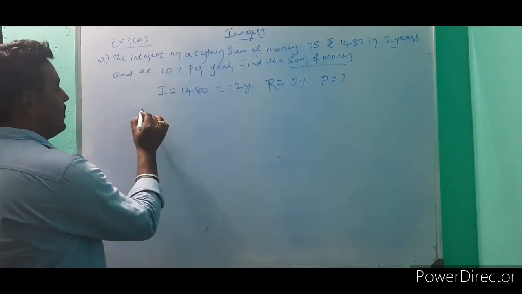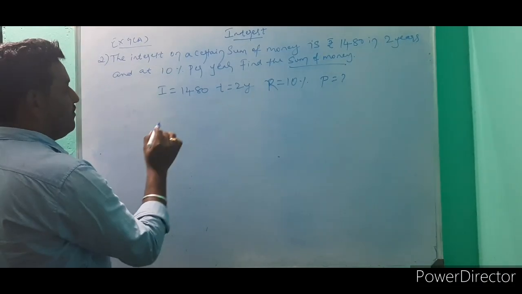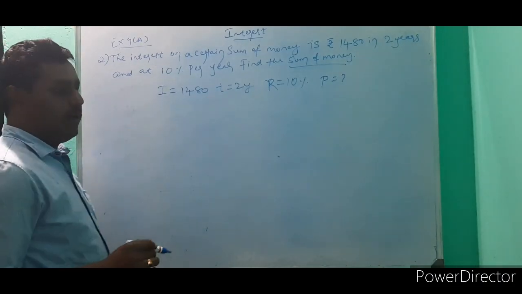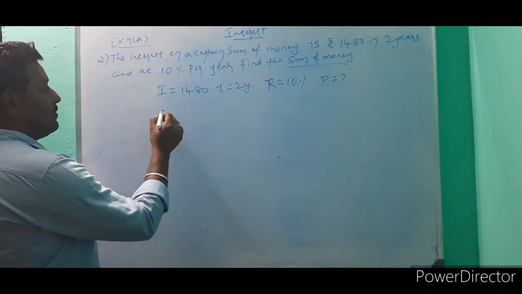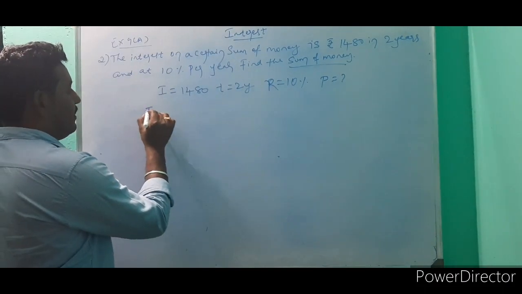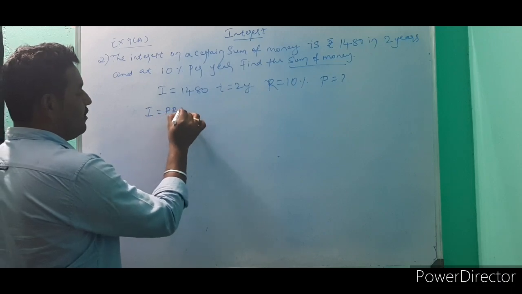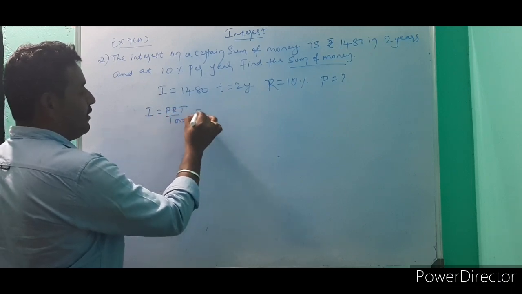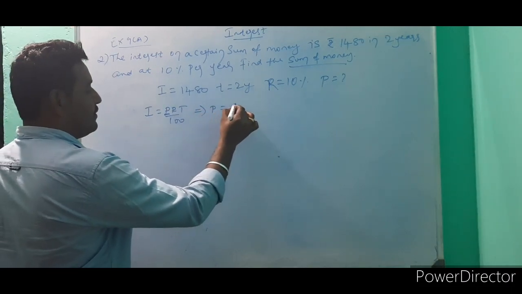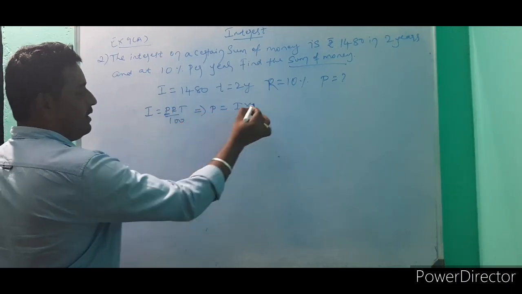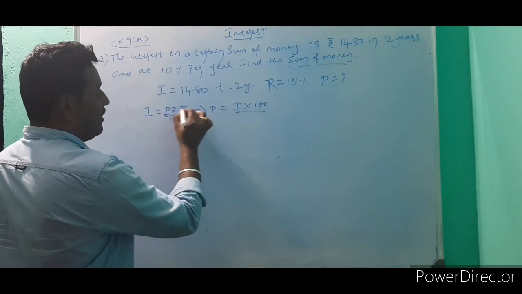So we know the formula for finding P, which I told at the beginning of the class. If you want to find interest, the formula is PRT divided by 100. If you interchange, if you want P, then P is equal to I into 100 divided by RT.